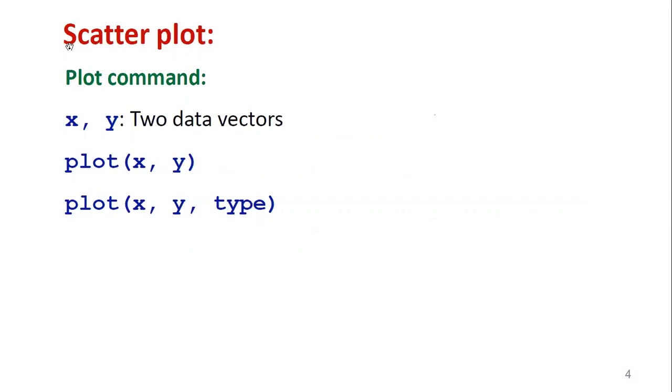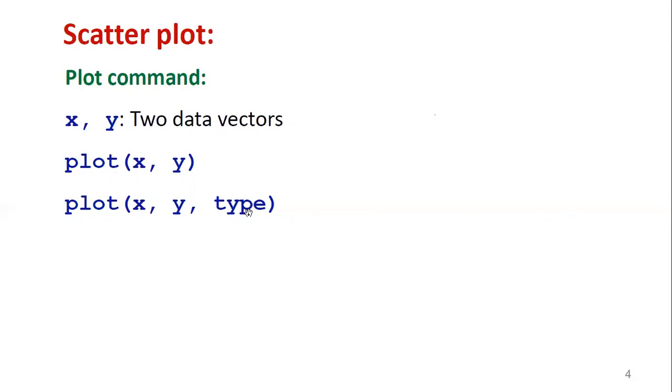By using the command plot, we will demonstrate the scatter plot. Let us take two data vectors x and y. The syntax for the plot command in R is plot within parentheses x comma y, where x and y are the two data vectors.